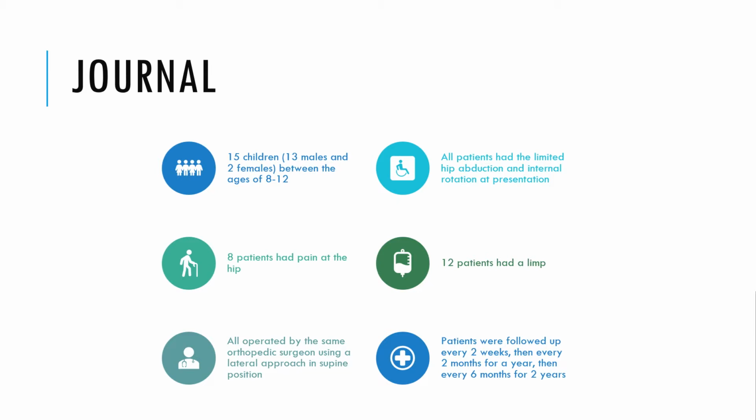After surgery, each patient had a gradual weight bearing on the affected extremity. Each patient had a follow-up 2 weeks after the suture removal, then every 2 months for a year, and then finally every 6 months for 2 years. During each follow-up, the patients were assessed for range of motion, deformity, gait, and limb length discrepancy.